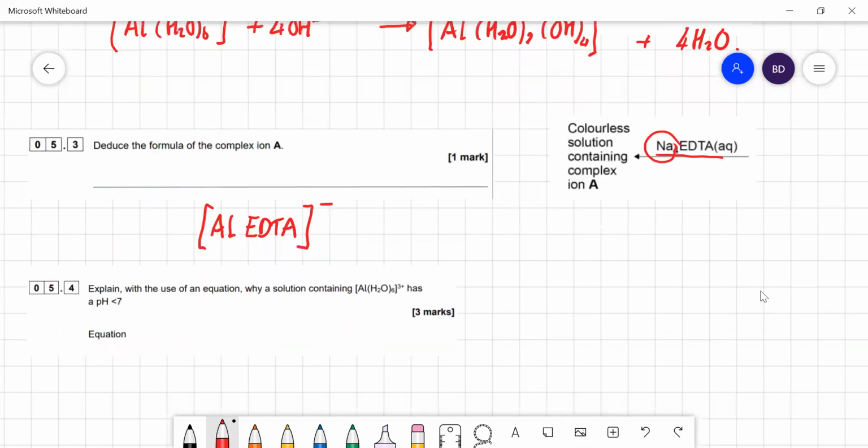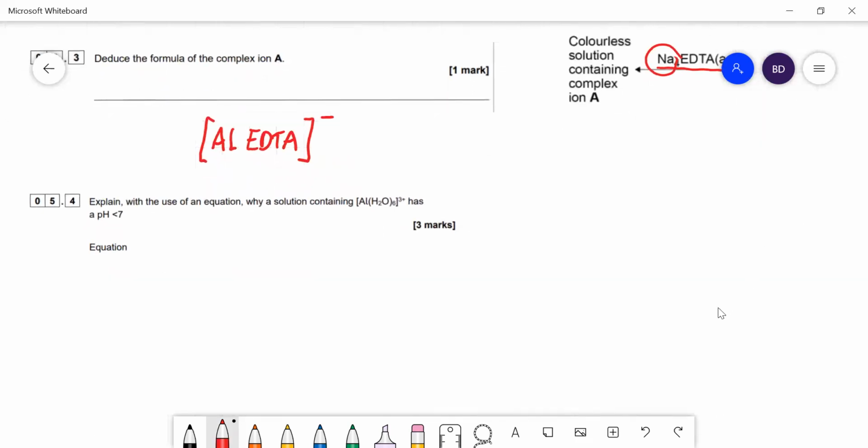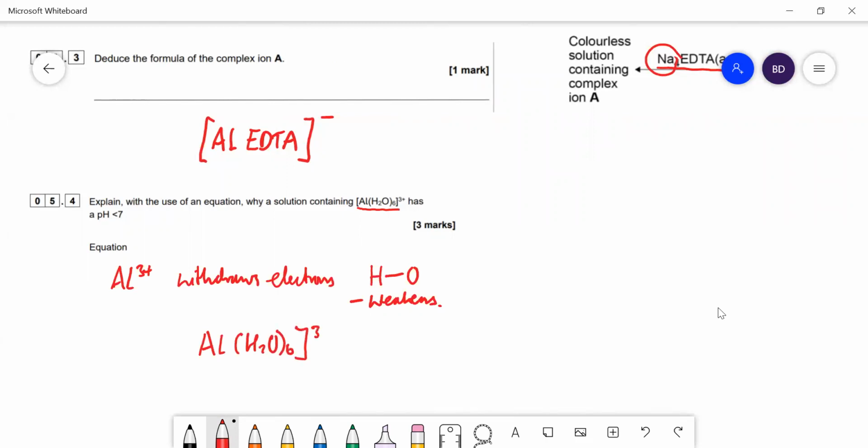Explain with the use of an equation why a solution containing hydrated aluminium ions has a pH less than 7. Well, it's because this is acidic. Why is it acidic? Well, it's because the Al3+ ion withdraws electrons from the OH bonds in the water, and it weakens them, and it means that they lose protons. To show that in an equation, we need Al(H2O)6 3+.